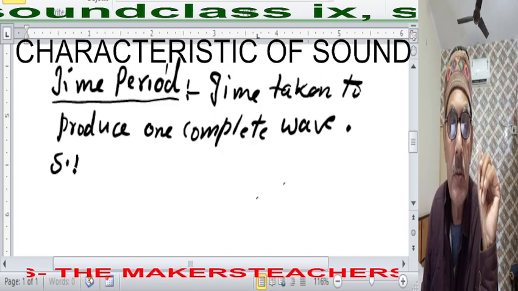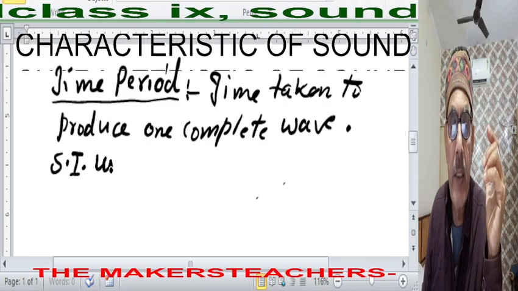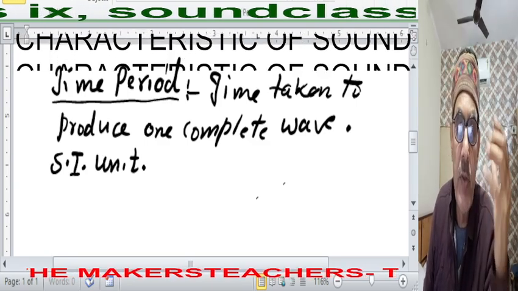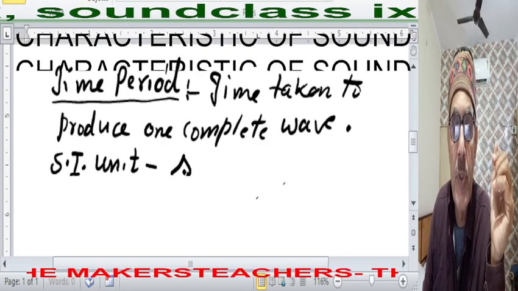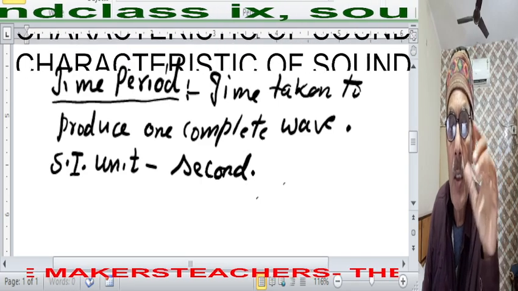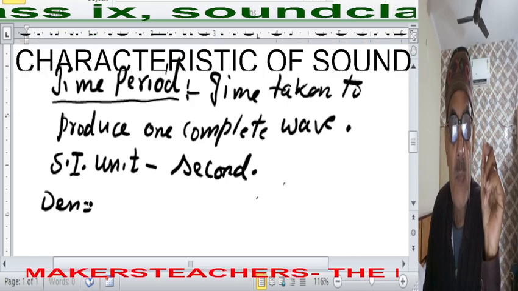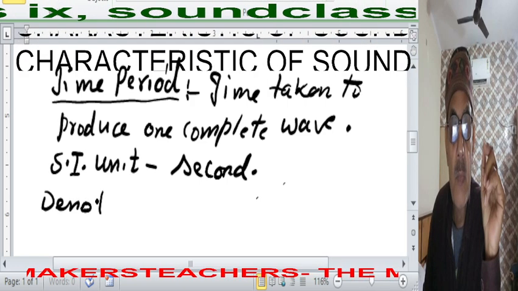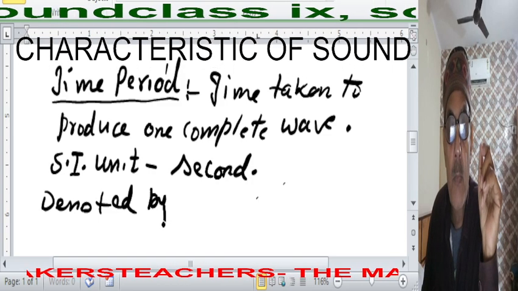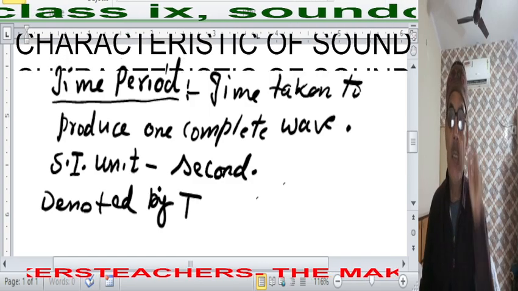You know that SI unit of time is second. So it also has the SI unit second, and denoted by capital T. Okay. This is the time period.